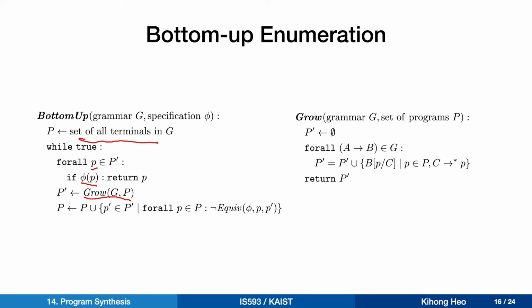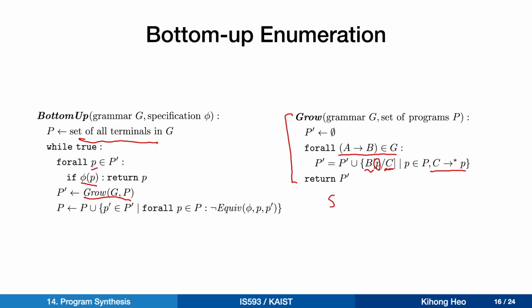Let's take a look at the function grow here. For all production rules in grammar G, if there exists a non-terminal C that can derive this terminal P, then we replace all C in the rule with this terminal P. What does that mean?